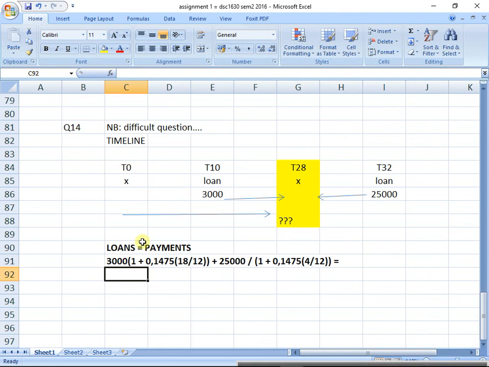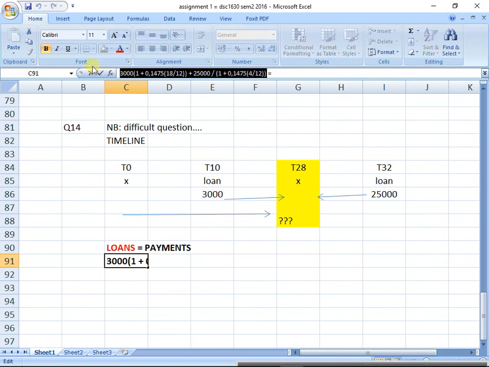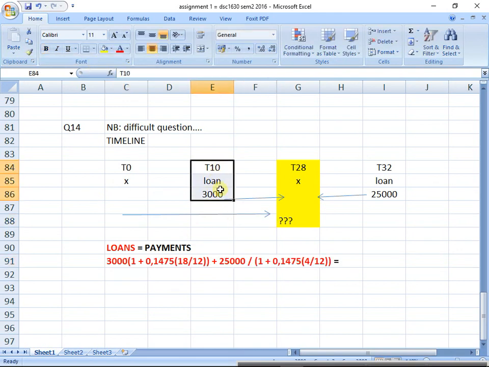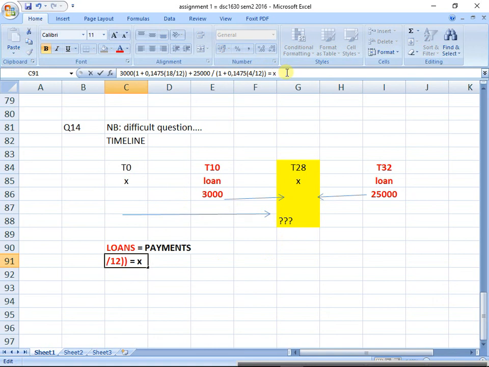Then you need to make that equal to the payments. Those are the loans, taken back in time. I'm taking the one loan back and I'm taking the 1x forward. So that equals x plus x brackets 1 plus the rate, taken forward.